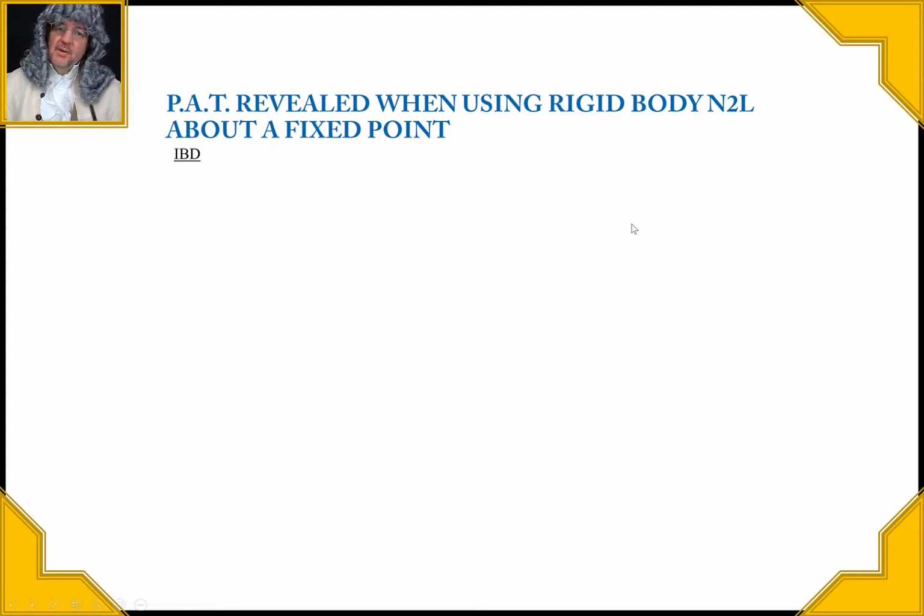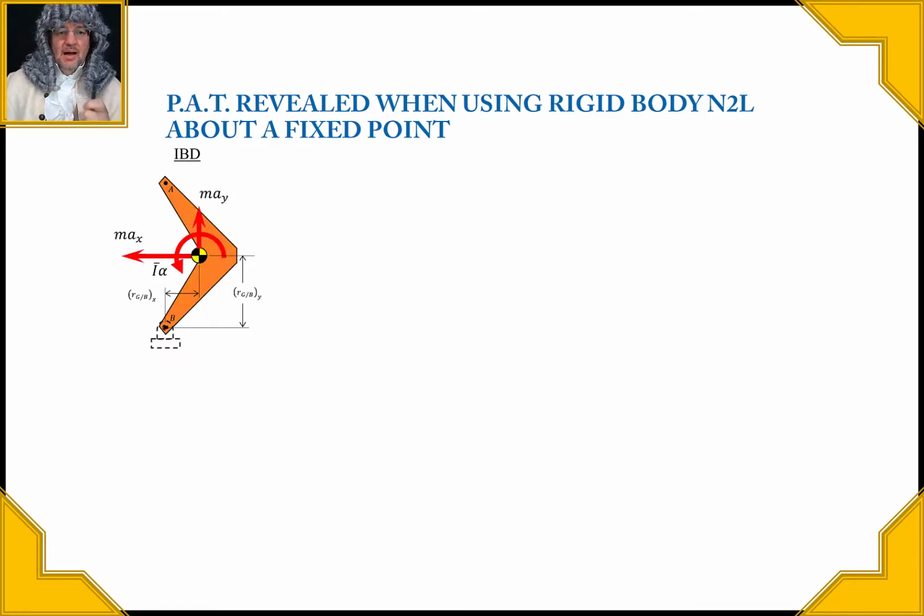All right, so the parallel axis theorem, like I just alluded to, can be revealed by taking a look at this right here. As I said before, the effective inertial moments are written out right here.